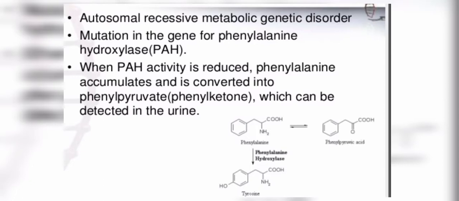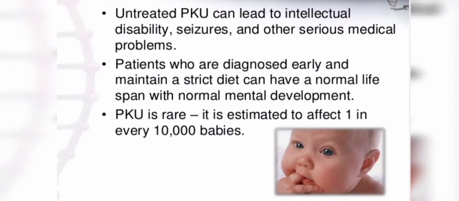When there is a decrease in this enzyme, the conversion of phenylalanine to tyrosine does not take place. As a result, phenylalanine gets accumulated and it gets converted to phenylpyruvate, and it is detected in the urine of such patients. If phenylketonuria is left untreated, it can lead to intellectual disability, seizures, and other medical problems.